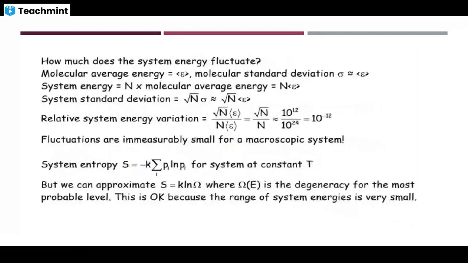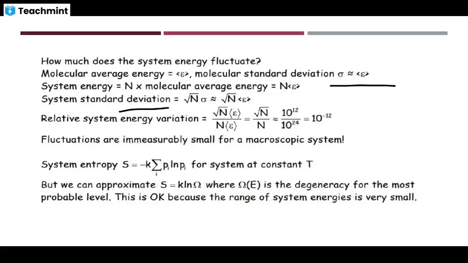How much does the system energy fluctuate? If molecular average energy is high, molecular standard deviation sigma is approximately equal to psi, then system energy equal to n into molecular average energy, n into psi. System standard deviation is nothing but root of n into sigma, approximately equal to root of n into psi.